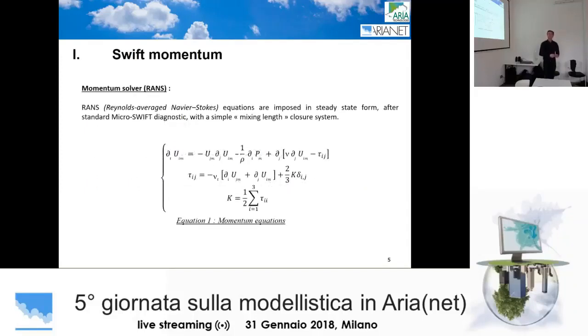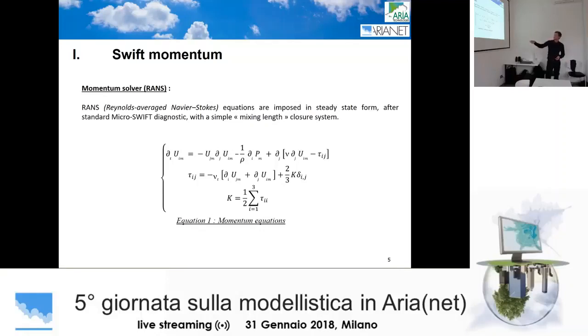What is Swift Momentum? Well, Swift Momentum is a short name for the Navier-Stokes equation. The Navier-Stokes equation, or the momentum equation, is implemented in Swift using the RANS formulation, which stands for Reynolds-Averaged Navier-Stokes, and it's implemented in steady state form.